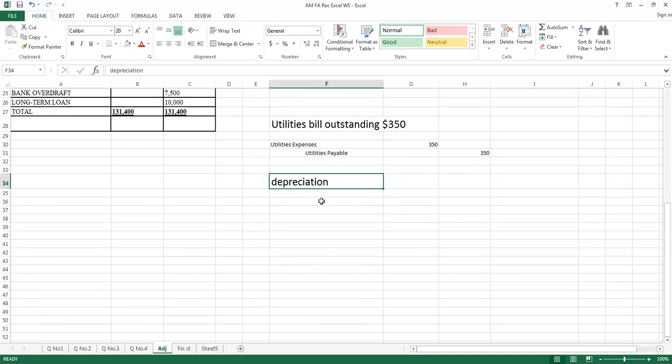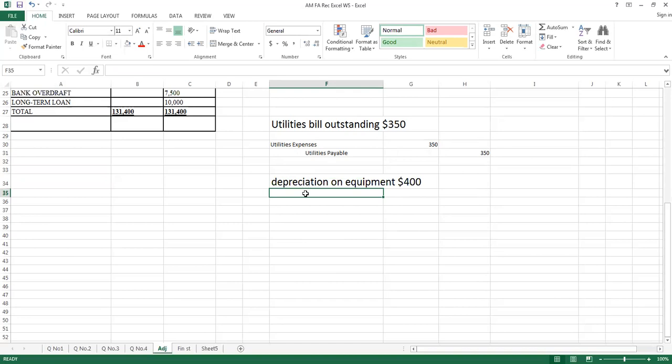Taking an example from the question, if I write that we are recording depreciation on equipment, just assume dollar 400. So this is the situation I'm facing.